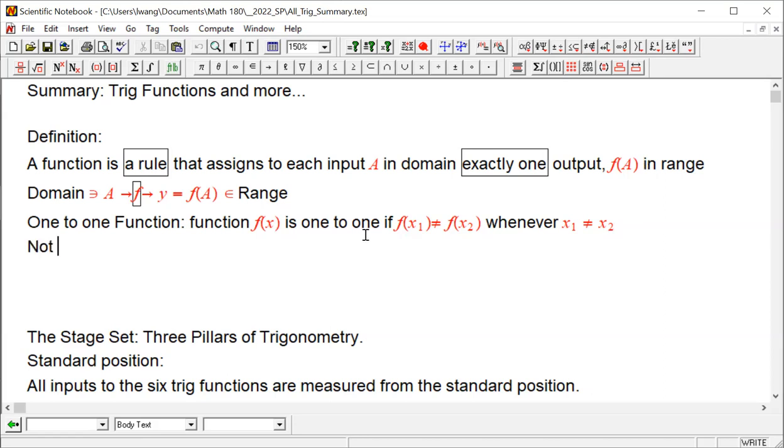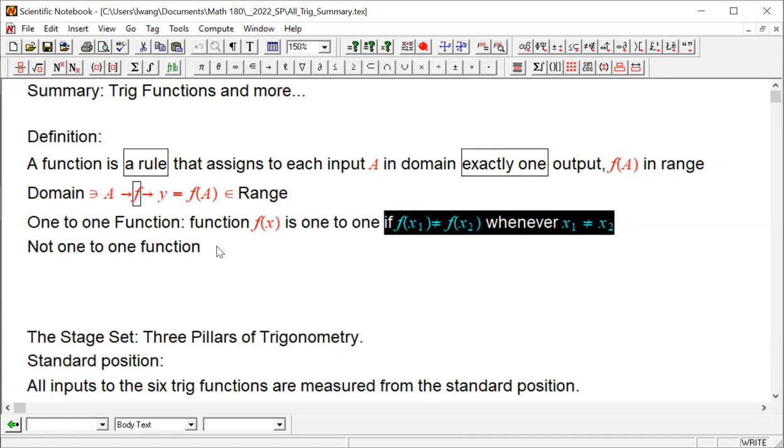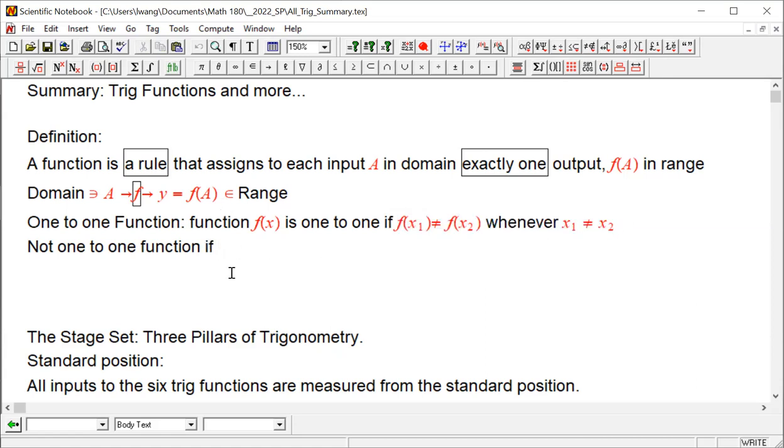So also we talk about what is not one-to-one function. It's going to be the opposite of that statement. The opposite of not equal, of course, is equal, right?